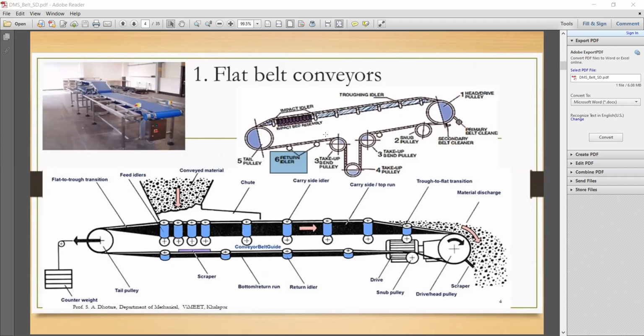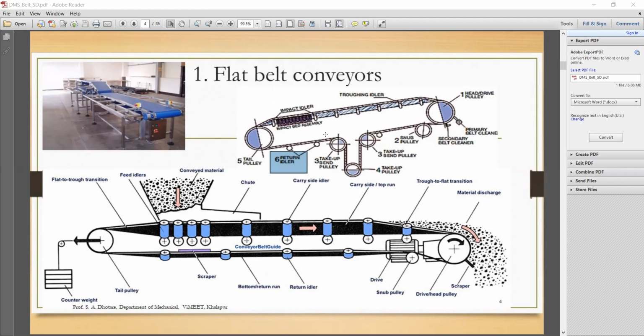Next one is idler. Idlers are used to support the conveyor belt on an upper run as well as lower run, which is shown in the figure. For upper load, we call it a normal idler or upper idler, and in a lower run, it is called a return idler.